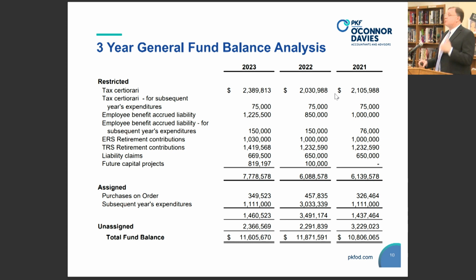So if they had to raise the rates to do that, rather than having to tax the residents and the businesses again to cover that added cost, this would be a pot of money that is there that you could draw from. And then really the last line in restricted there is future capital projects. The voters had authorized you to set money aside over X number of years for a maximum amount.